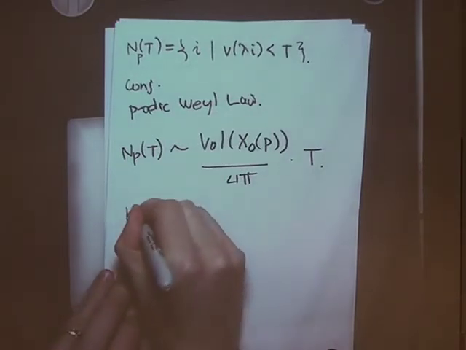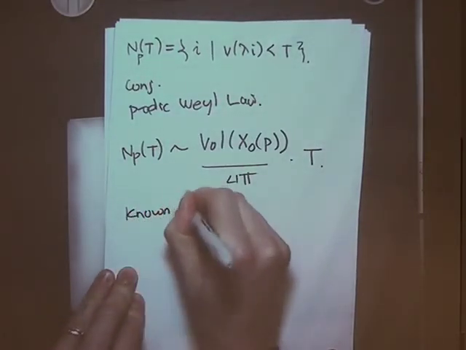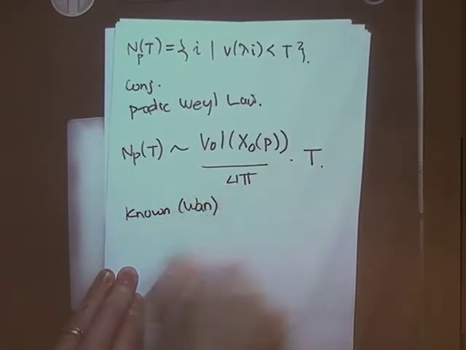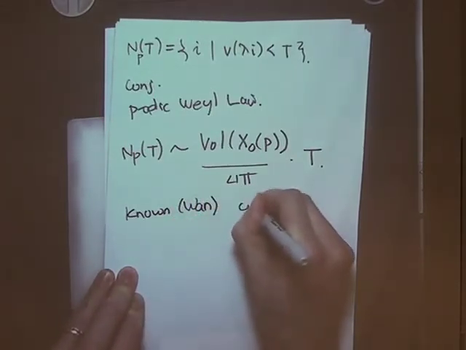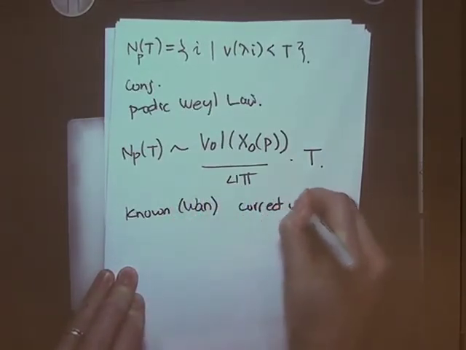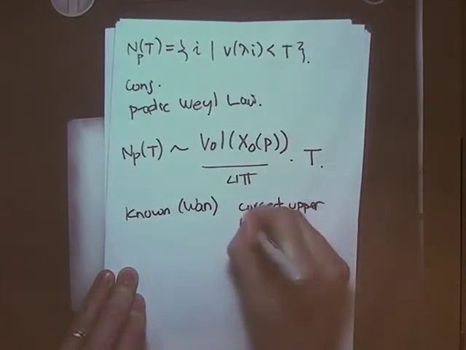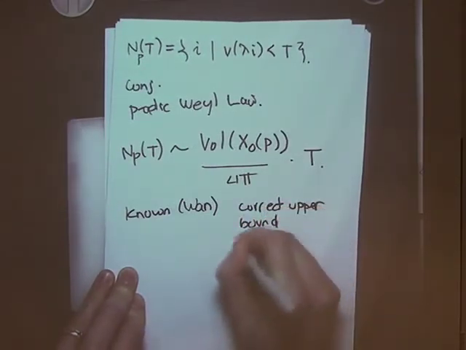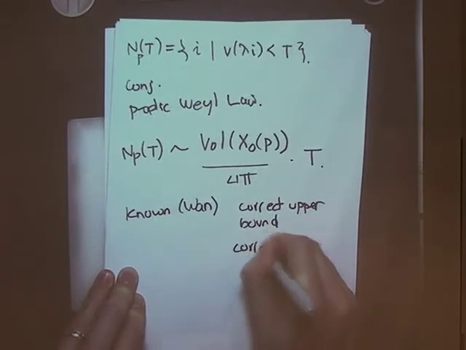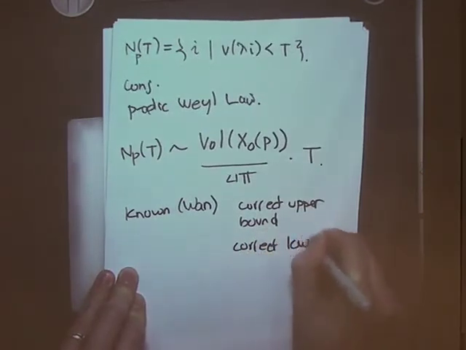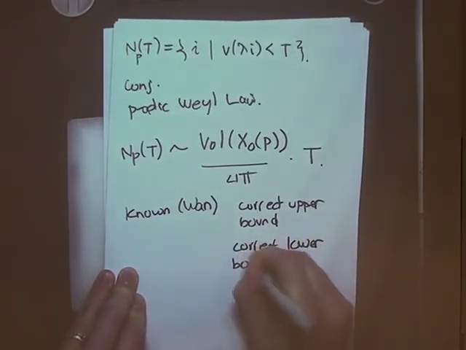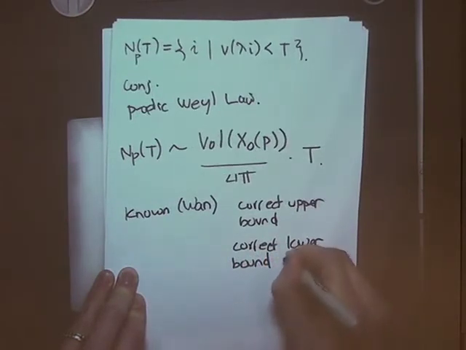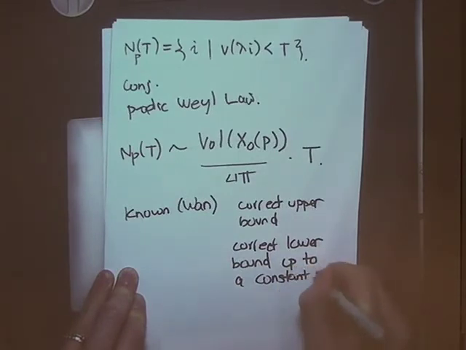So what's known about this? It follows from results of one that you have the correct upper bound, and you have the correct lower bound. Well, okay, that sounds really good. But the correct lower bound is up to a constant scalar, I should say, of course.